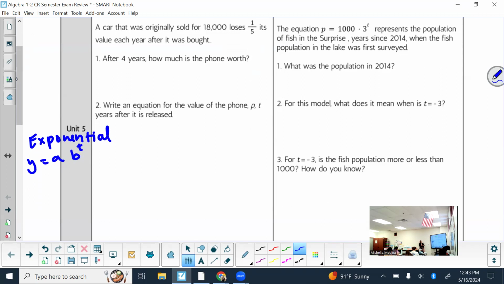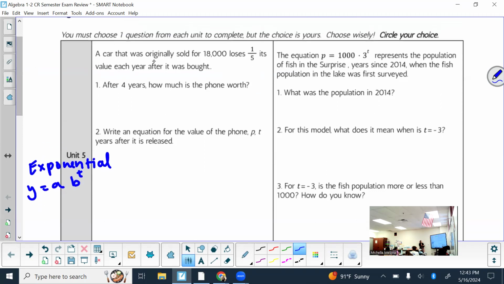Now, notice in this first problem for unit 5, part 1, it says a car that was originally sold for 18,000 loses 1/5 of its value each year after it was bought. After 4 years, how much is the car worth?